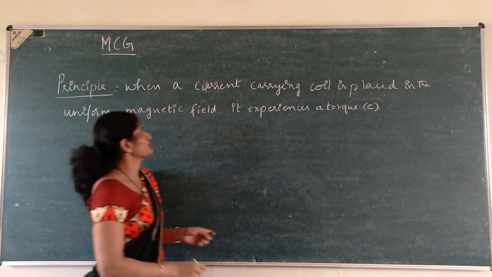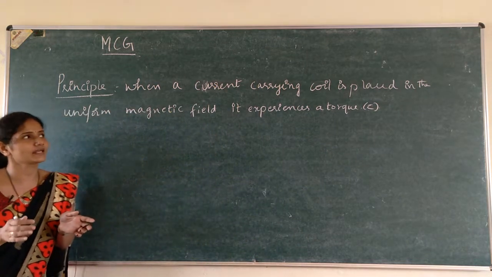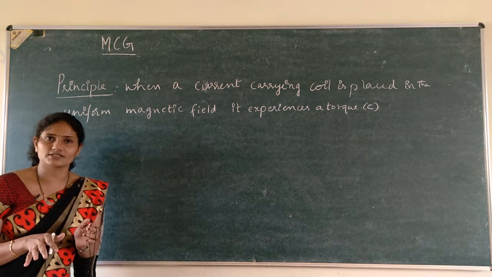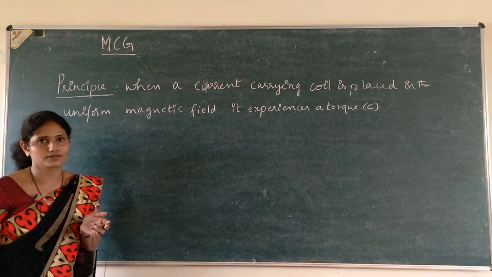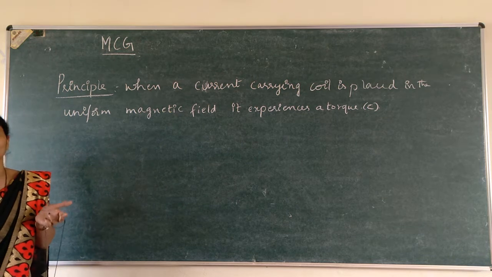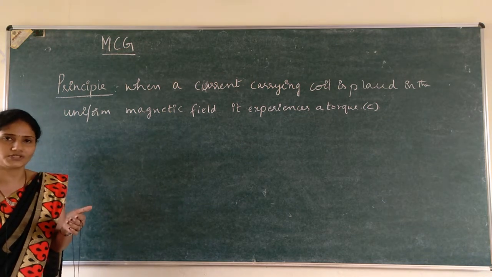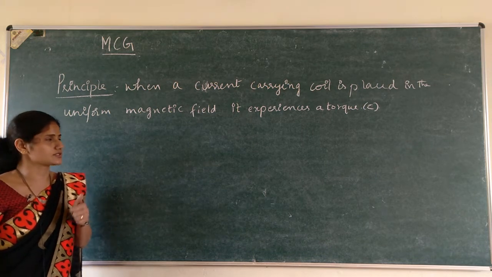So, this is the principle. When a current carrying coil is placed in the uniform magnetic field, it experiences torque, right? So, torque is nothing but the force into the perpendicular distance between the two forces.